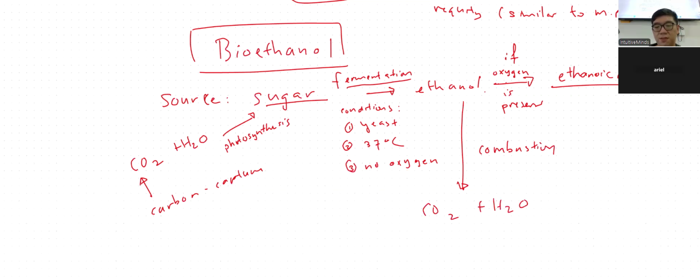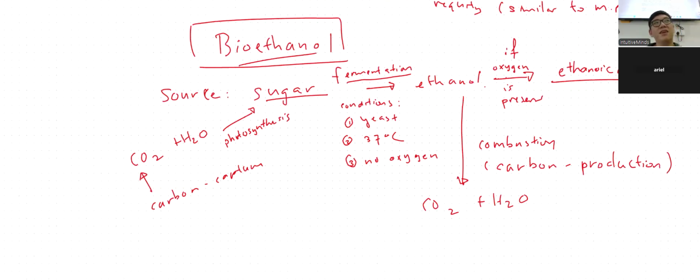to give you the carbon dioxide and water back again. So this one produces, it's what they call carbon production. So basically, bioethanol is often the fuel to talk about because to produce it, you can capture the carbon. Then to use it, you can produce the carbon.